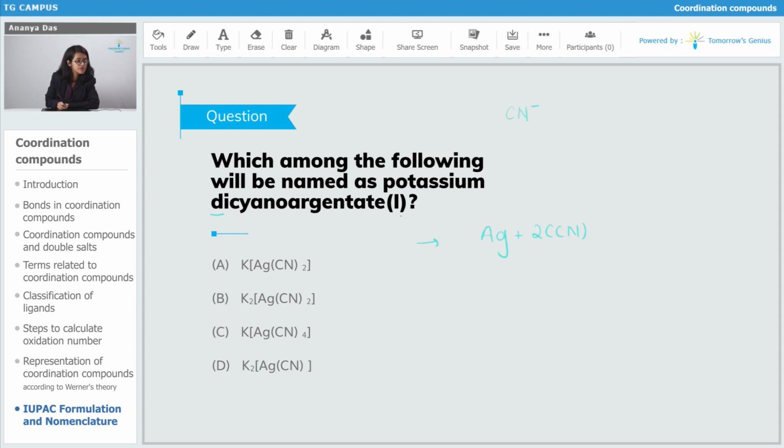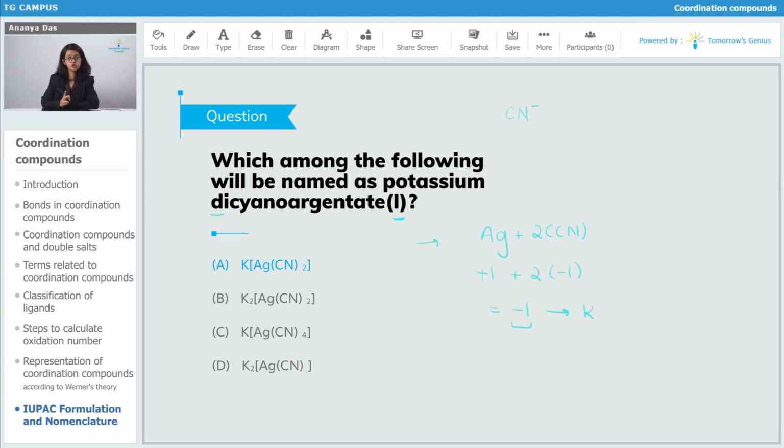Now it's written dicyanoargentate(I). This states that Ag is present in the oxidation state of +1. So +1 plus 2 into -1, because cyanide has a charge of -1, gives an overall charge of -1. The -1 charge will be balanced only by 1 potassium. So that is why your option A is correct, because here only 1 potassium is present.